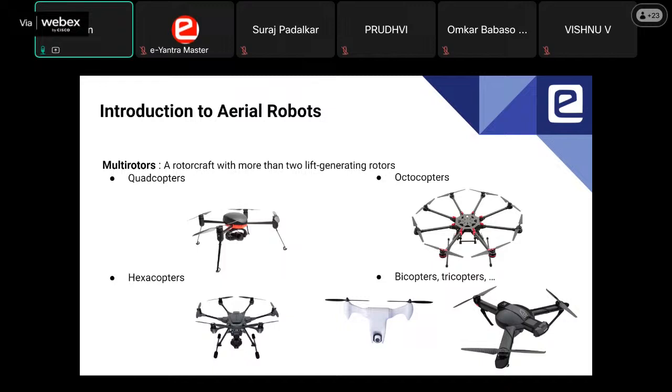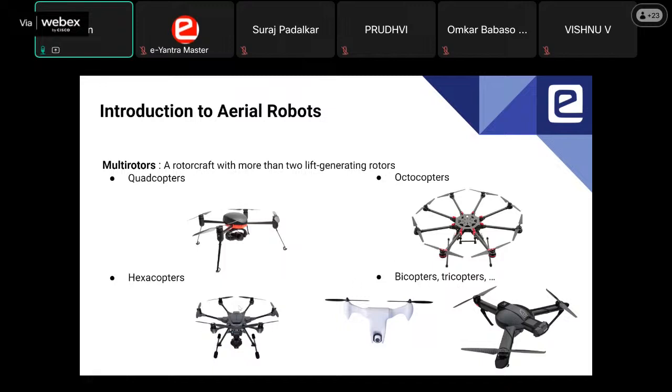So having extra rotors accounts for redundancy in failure situations. So for payload and for redundancy, we can use octocopters or hexacopters.